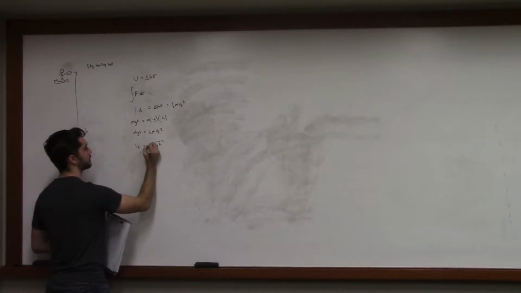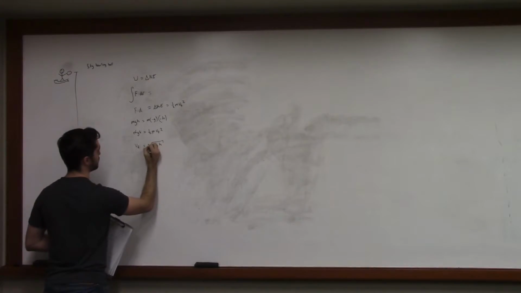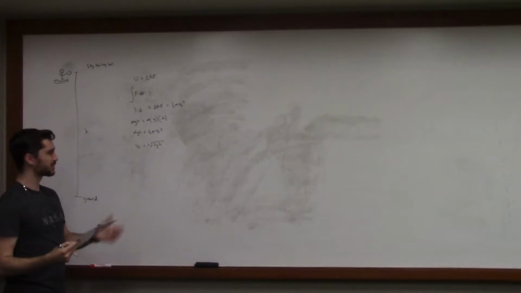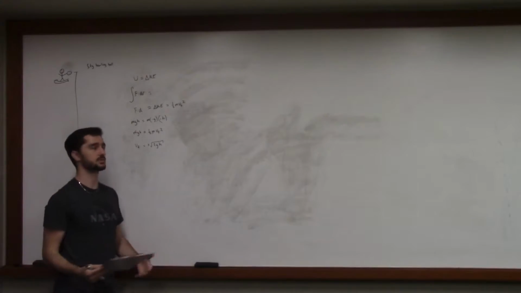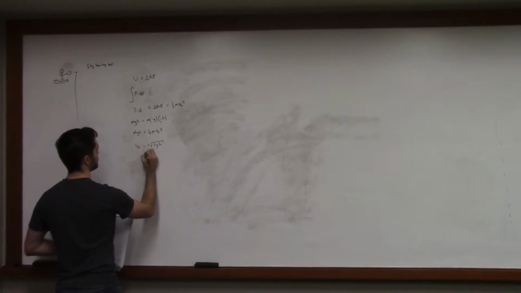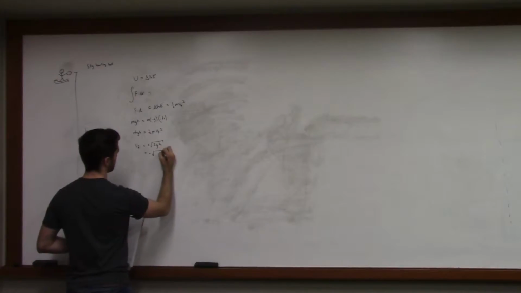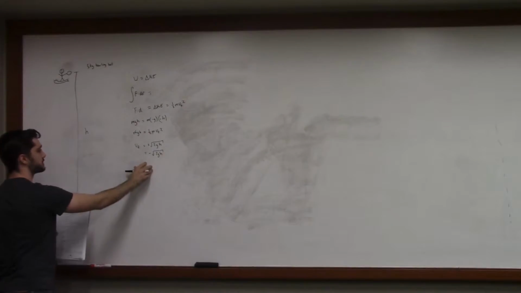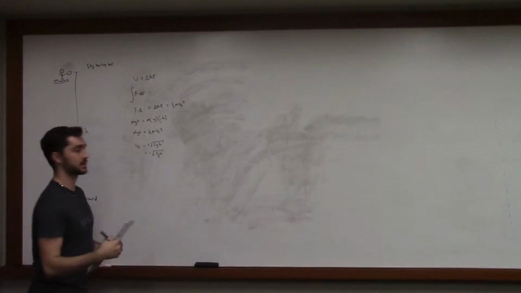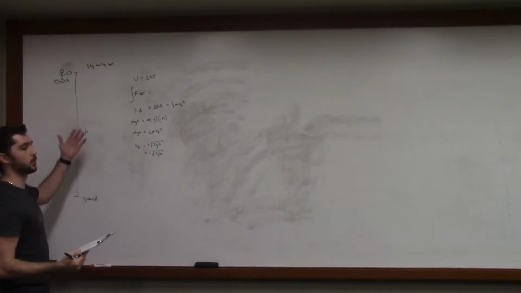Now remember that when you take the square root like this, you're going to get plus and minus. But we're going to want to take the negative root because we know that the velocity is going to be downward, and we define downward as negative. So we will take negative square root of 2gh. So we can use this to find an approximate velocity for this bowling ball at any height.